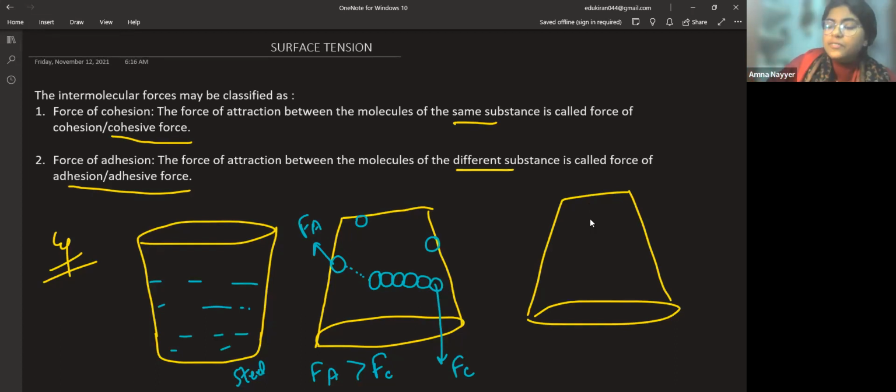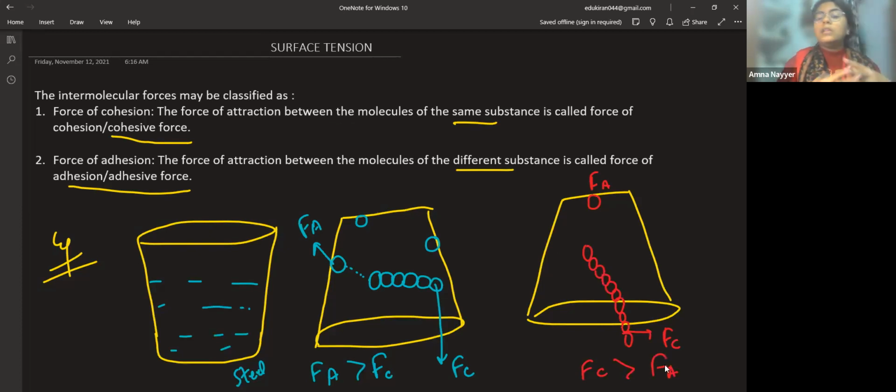The reason is that the force formed between the mercury and the steel glass is the force of adhesion, and between the mercury molecules which are falling together, this is the force of cohesion. So here the force of cohesion is stronger than the force of adhesion. That's why all the mercury molecules are pulling each other and coming down, and the adhesive bond cannot exist. This is forming very quickly.